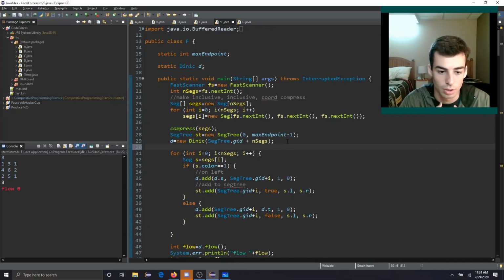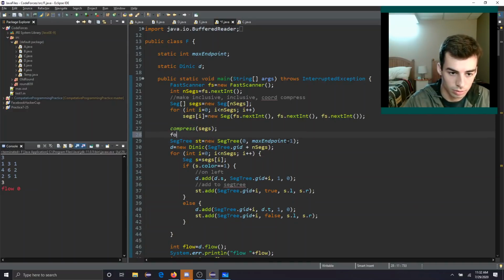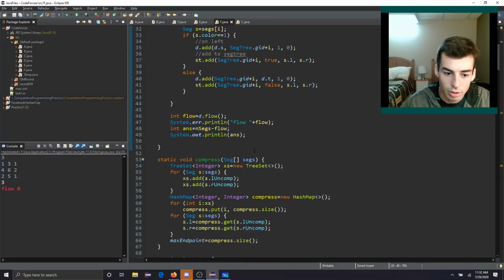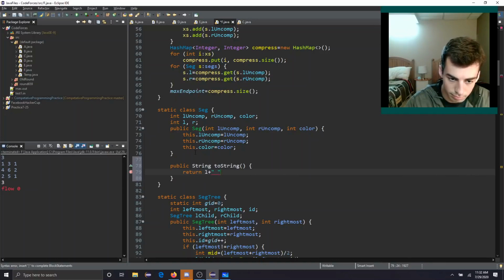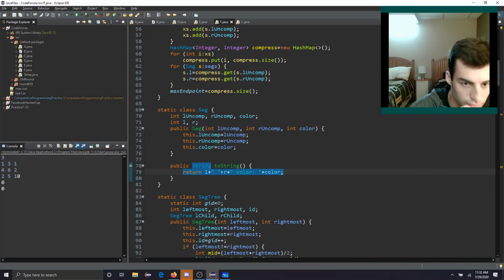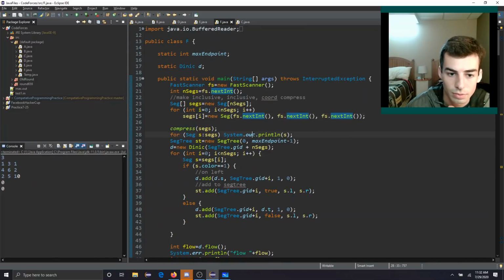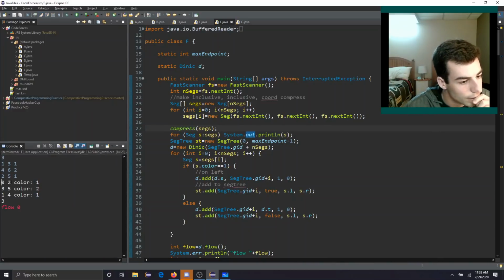Let's do, I guess, print for each seg. Why can't we pick these two because they intersect?